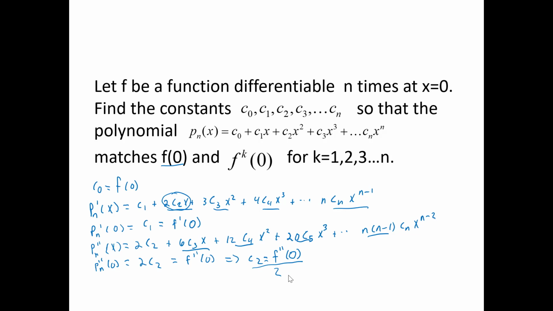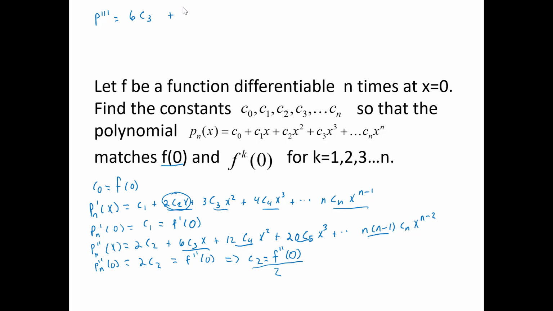Now, to find your third coefficient, C3, you take the third derivative. So the 2C2 goes away. The derivative of 6C3x is just 6C3.